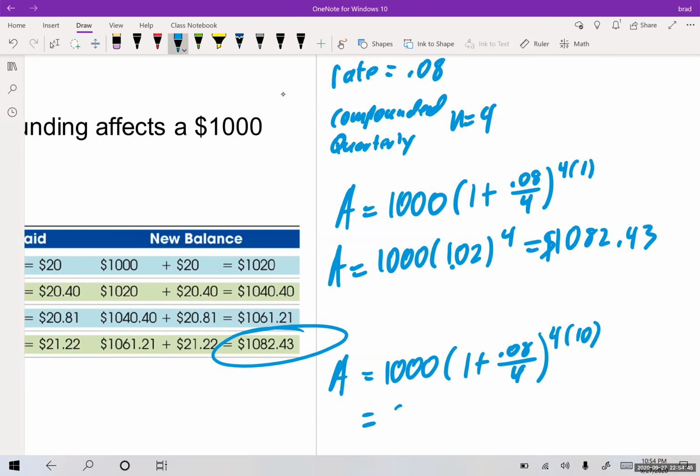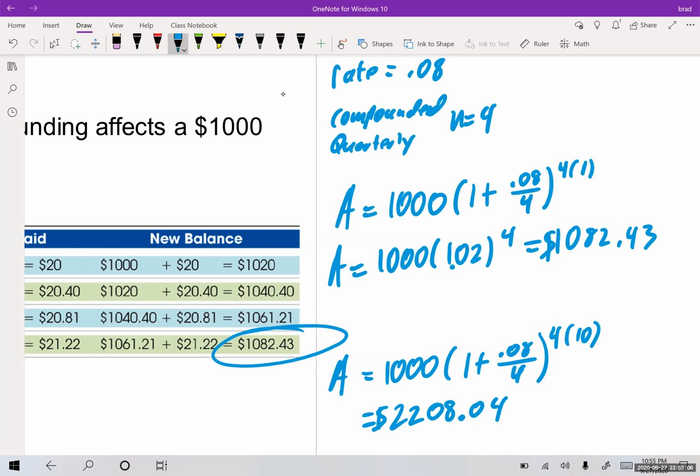And I get $2,208.04. So that means we took $1,000 and turned it into $2,208, and it took 10 years to do it. So we gained a little over double.